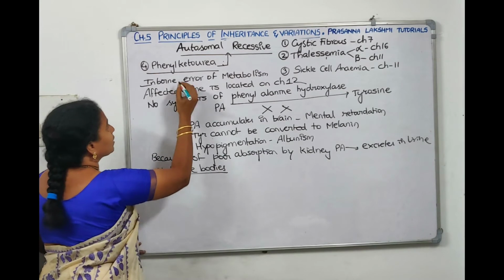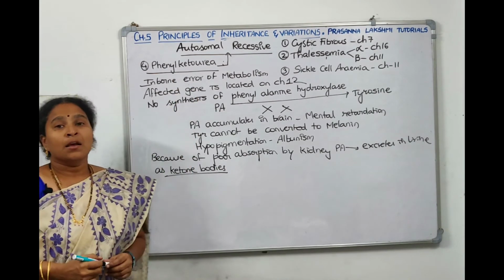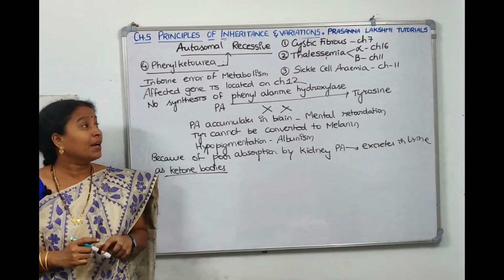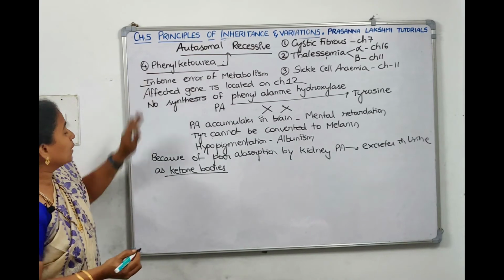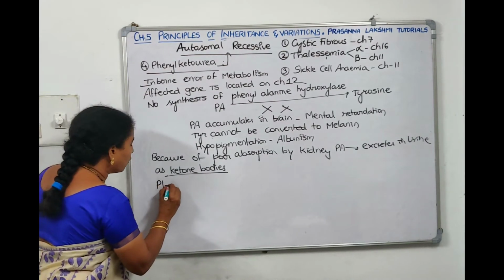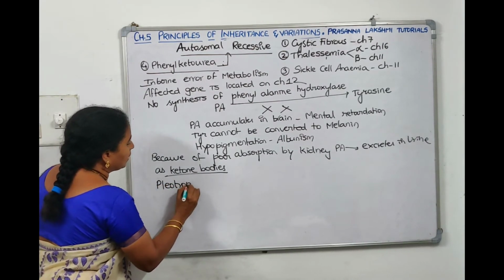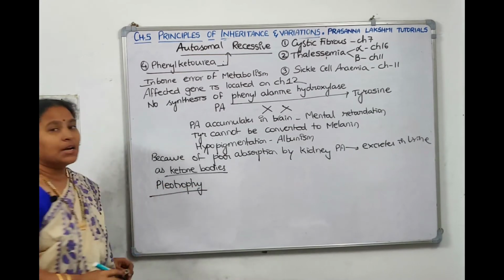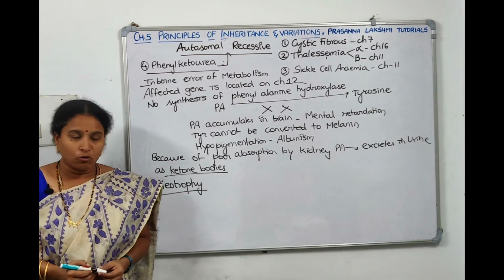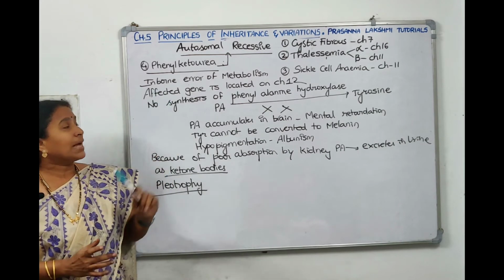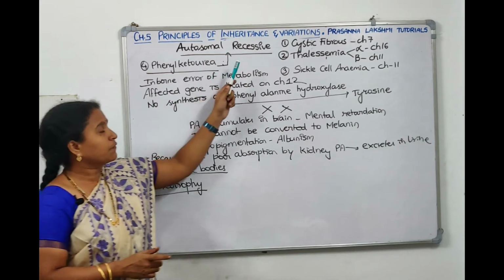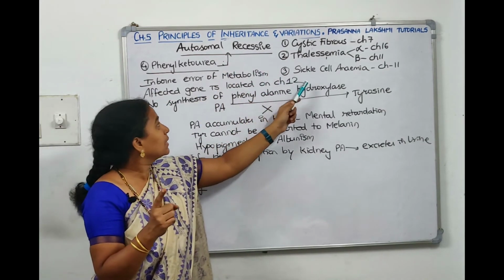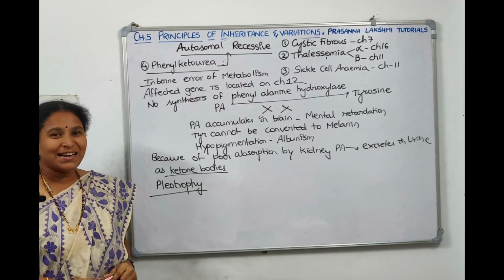That's why it is called phenylketonuria. One gene defect shows many manifestations, so we can call phenylketonuria an example of pleiotropy. So these are the examples of autosomal recessive: first is cystic fibrosis, second is thalassemia, third is sickle cell anemia, and fourth is phenylketonuria.